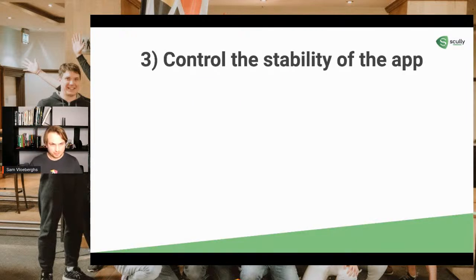The third thing, something that luckily for me, Jennifer did not talk about yet, is being able to control the stability of the application. So this is the last thing I will tell you about today. What do I mean with stability? To put it simply, we can reach stability in our application if there are no more tasks pending.